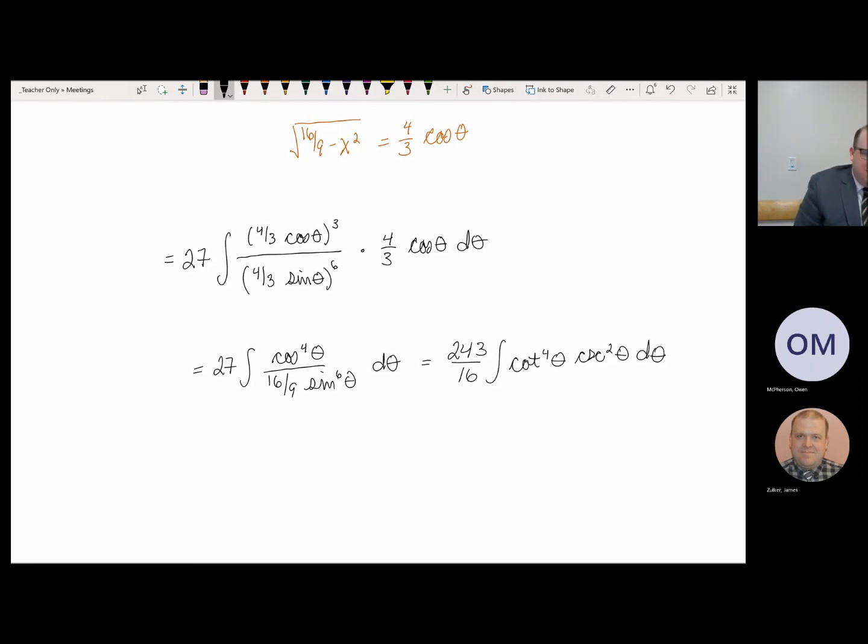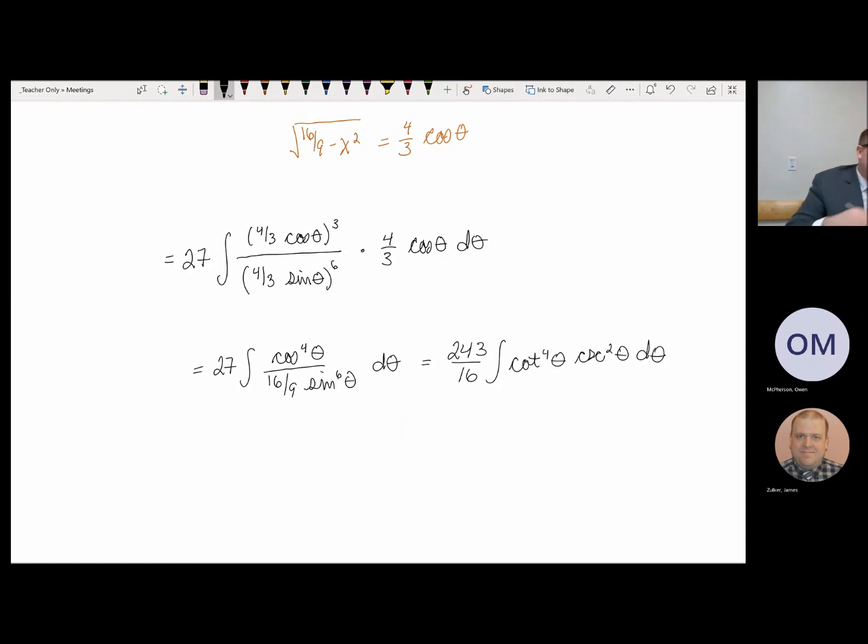So I guess you could do u sub, but you could probably manage to do it without u sub. No, this is how I would do it, u sub. You could try to hold it in your head without the u, but it is still a change of variable. The fact that the derivative of cotangent is cosecant squared breaks us down to essentially u to the fourth du.